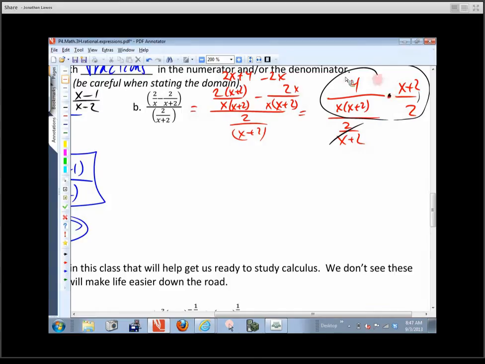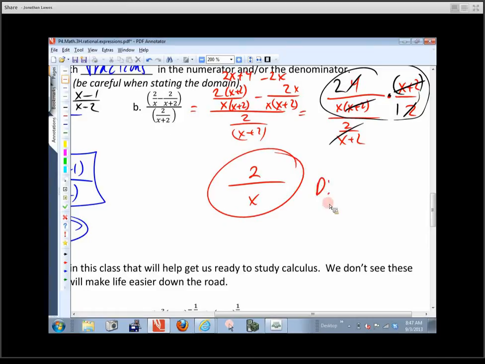I could just multiply everything on the top together, but what else do I notice that I can do? Okay, I can cross cancel. So 2 goes in here once, 2 goes in here twice. What else can I cancel, Noah? That factor of x plus 2 with that factor of x plus 2. Notice that the only thing left in the numerator is a 2. What's the only thing left in the denominator? An x. There's the answer.